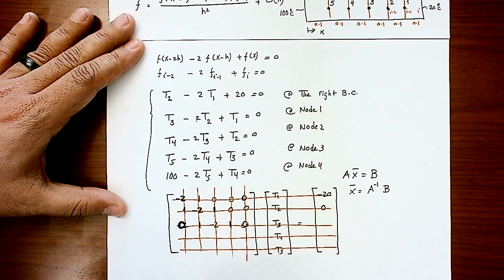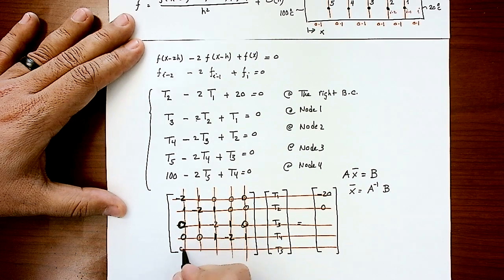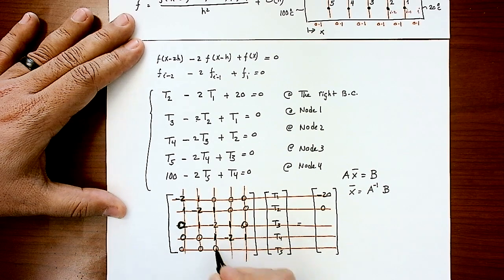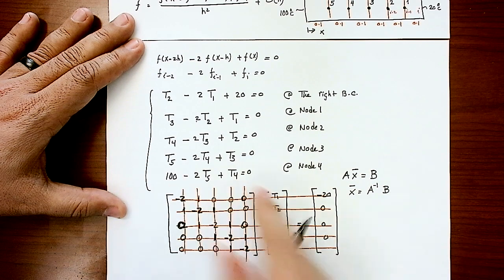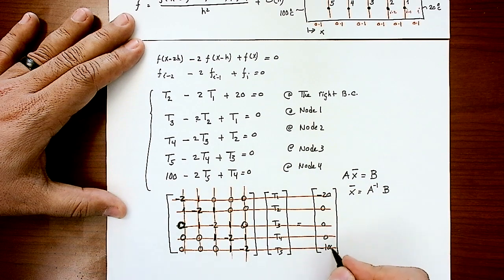Then I have 0. The next equation: 0 T1, 0 T2, 1 T3, minus 2 T4, 1 T5, then 0. The last equation: 0, 0, 0, 1 T4, minus 2 T5. The free term is always 0, and the last one will be minus 100.